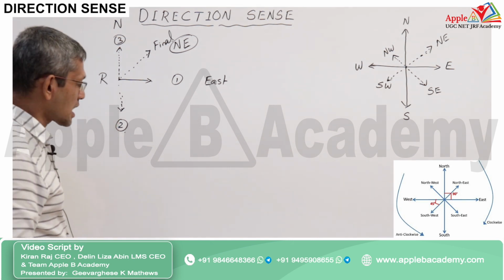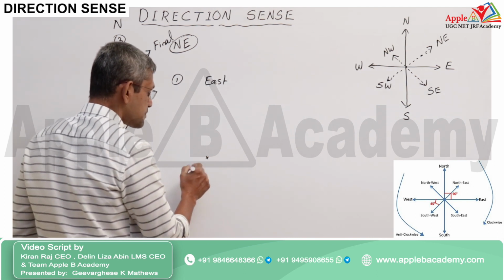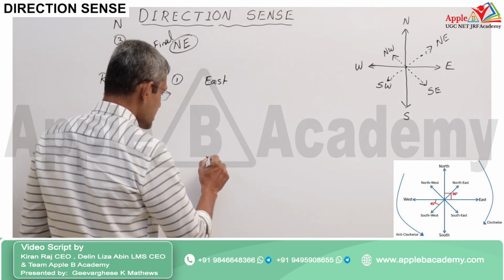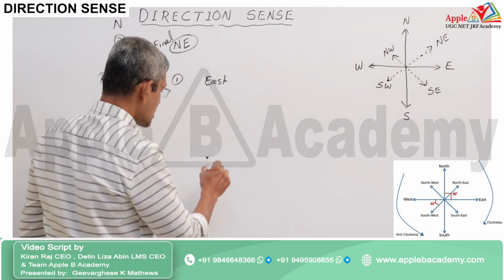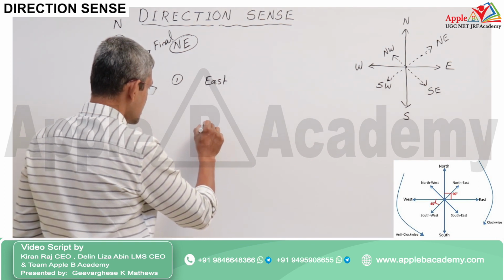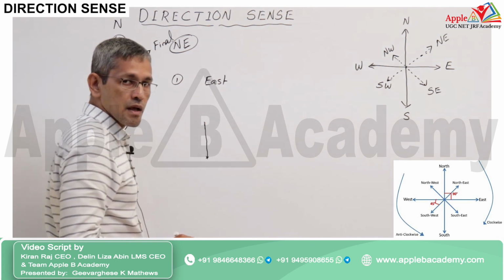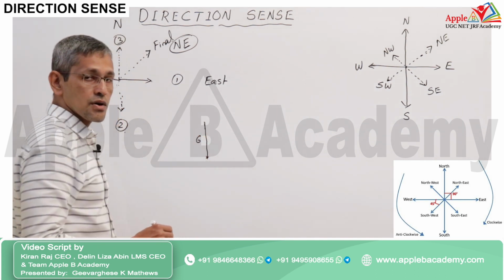Another set of questions you may have: let's say a person started walking from her home, moving towards any direction, north or east or whatever it is. In this case, we assume that she is moving towards north, 6 kilometers towards north.